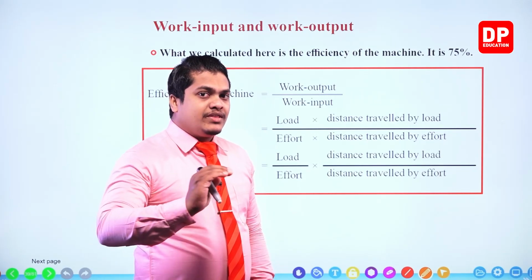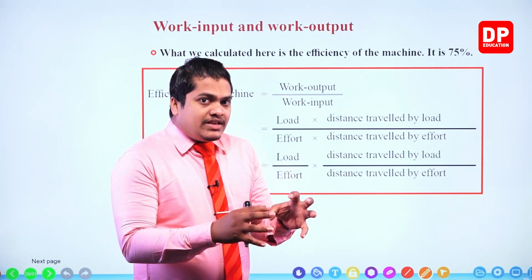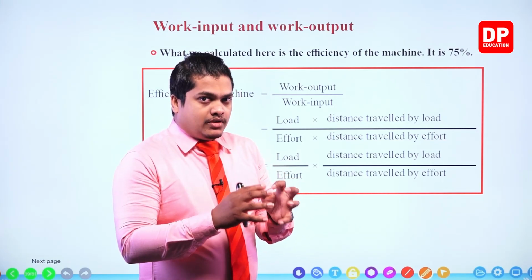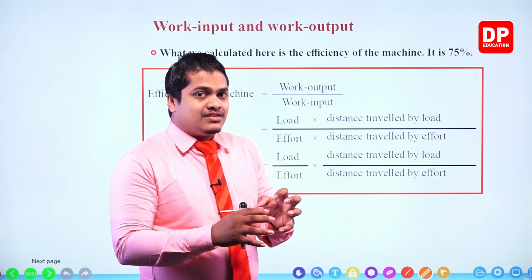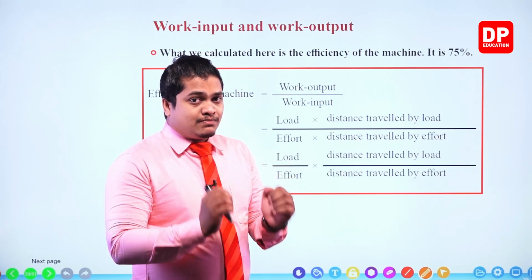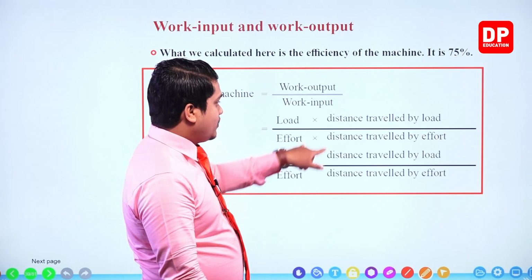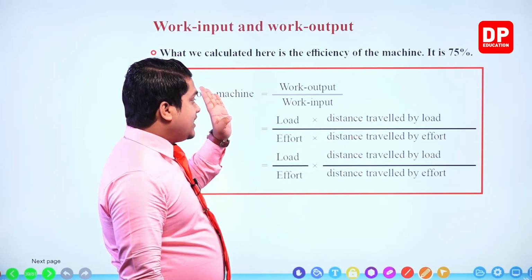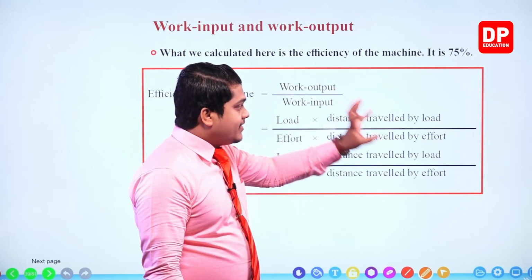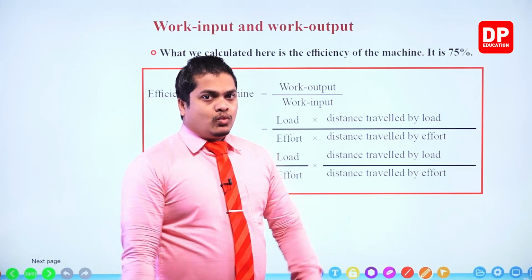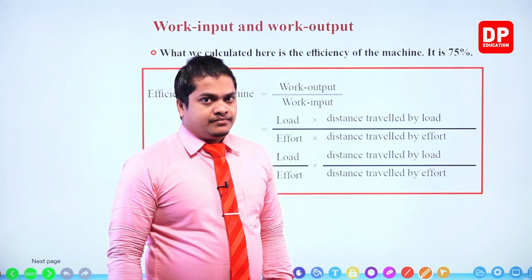Because of that process, the load is also going to move to a certain point. That displacement traveled by the load is referred to as the distance traveled by the load. By multiplying the load and the distance traveled by the load, you can find the work output done by the machine.